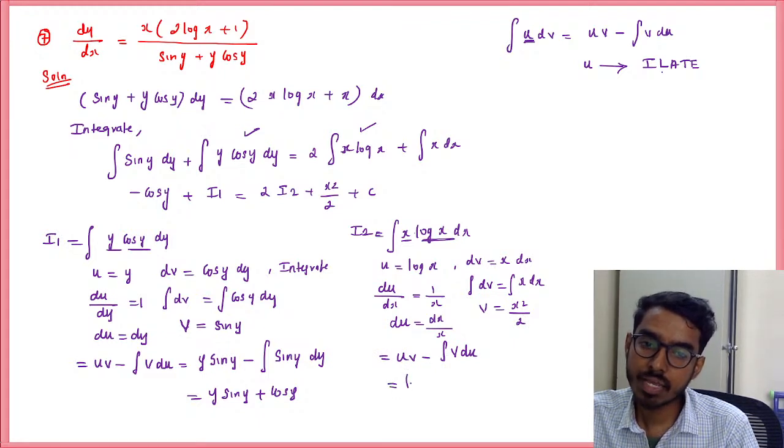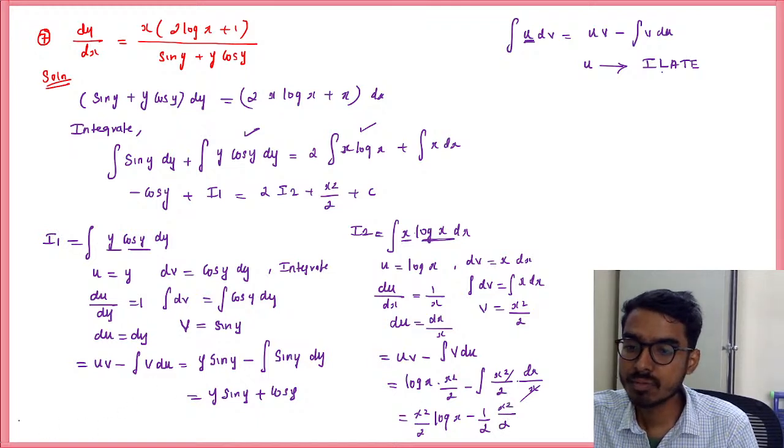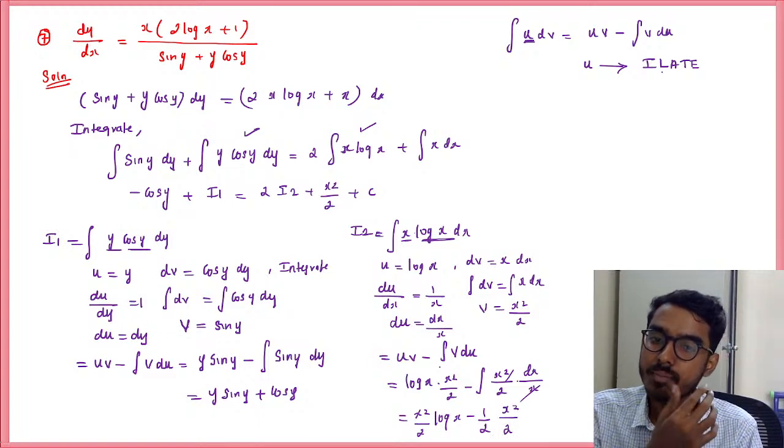So u is log x, v is x square by 2, du is dx by x, one x will get cancelled. x square by 2 log x minus 1 by 2 integration of x dx, which is x square by 2, right? This is the integral value for this. So this will be x square by 4.